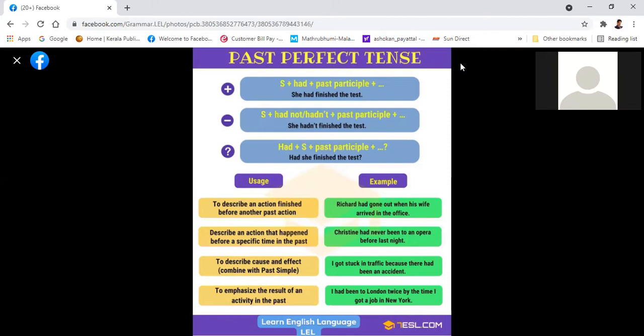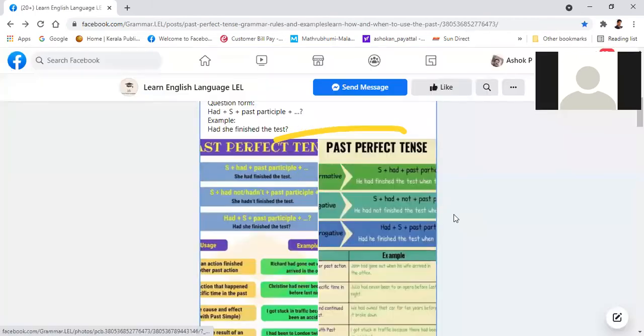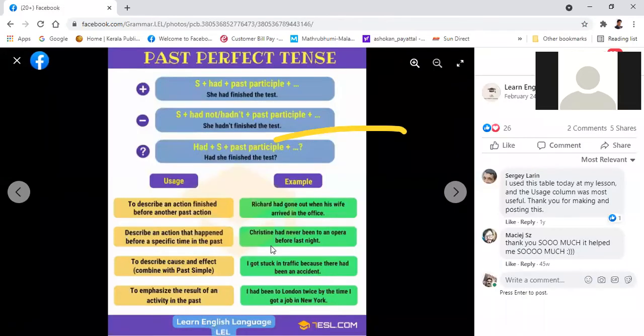The usage and the example are given. To describe an action finished before another past action. For example, Richard had gone out when his wife arrived at the office. Next, to describe an action that happened before a specific time in the past.